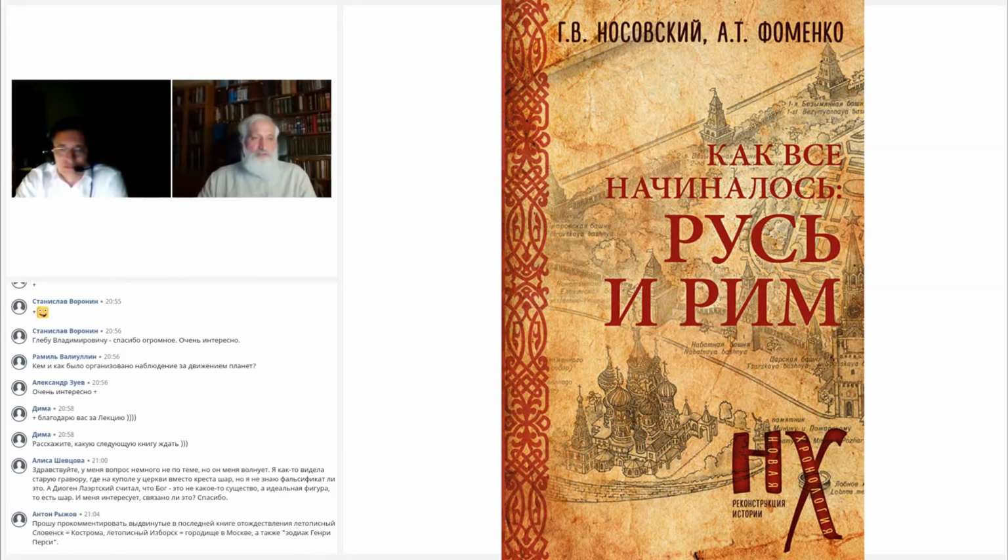Based on written sources, we see it from the time when it already had writing, chroniclers, statehood, and so on. But what was in the beginning, how it all originated? In this book, Russia and Rome, How It All Began, we present our understanding of how it all started.